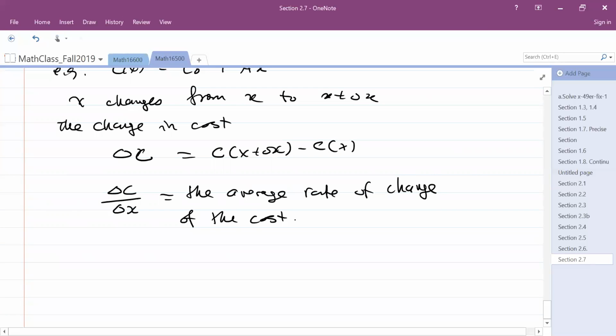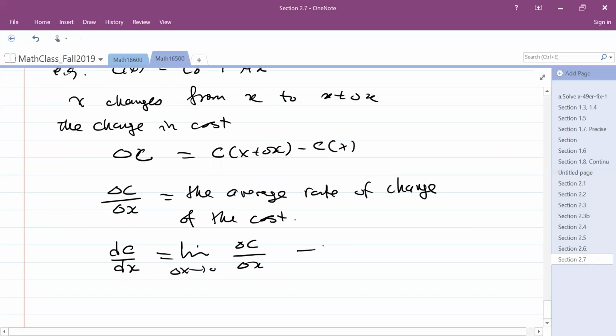The interesting thing is, what is the meaning of the derivative of this? The derivative is going to be the limit, but it's harder to talk about the limit here because x only takes integer values. But you can assume that when you say approach zero, it really means delta x equals 1, almost equal to 1.